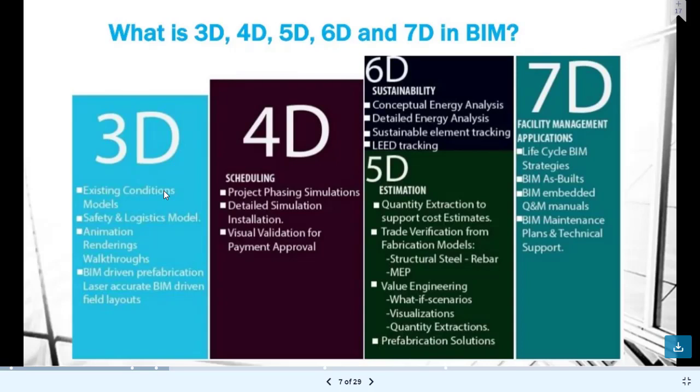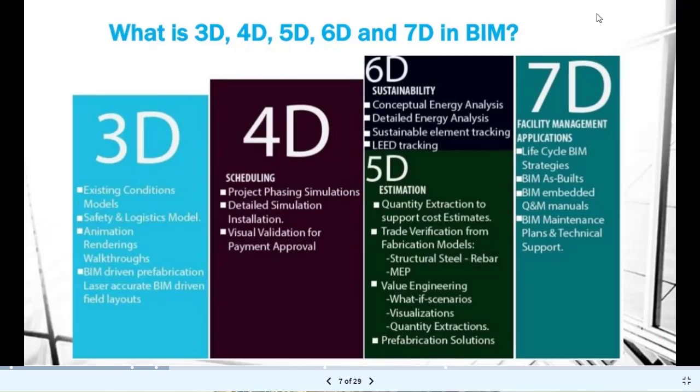3D is for design, 4D is for scheduling, 5D is for estimation. And next 6D and 7D. 6D is for sustainability. That means we have to know the energy sources, detailed energy analysis, sustainable element tracking, LEED tracking, like that.